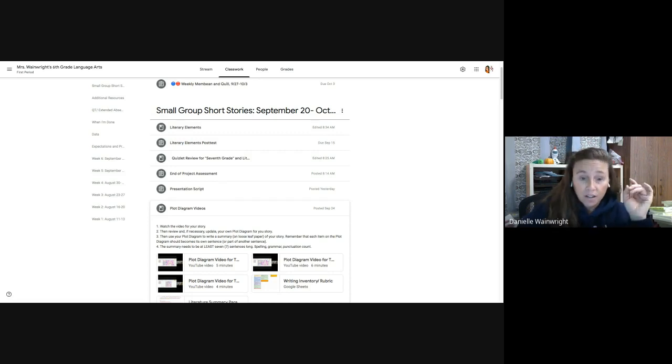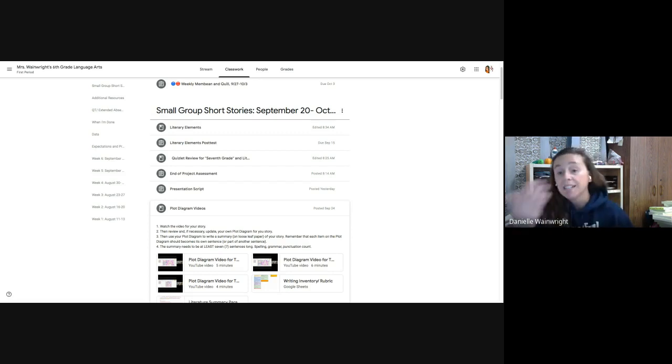However, if something is color coded and in all caps, that means you need to go find that information. It might be on your plot diagram or in some other graphic organizer that I have provided for you. It may not.